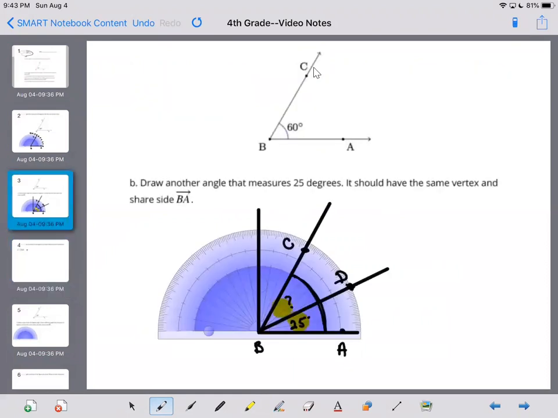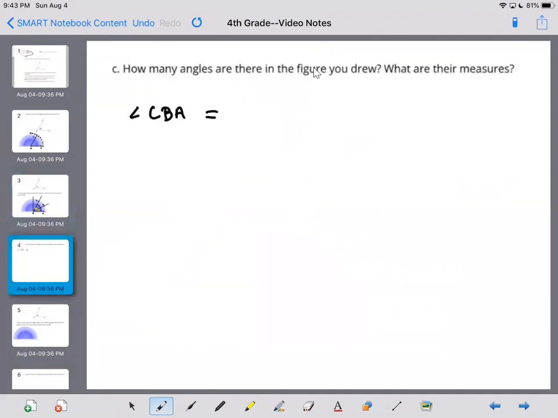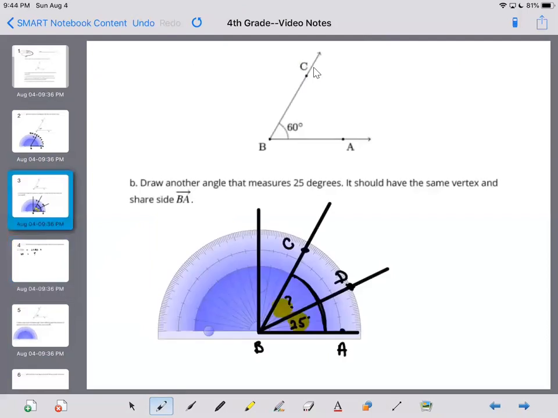And I also have angle CBD, which I don't know. And then I have angle DBA, which is 25.